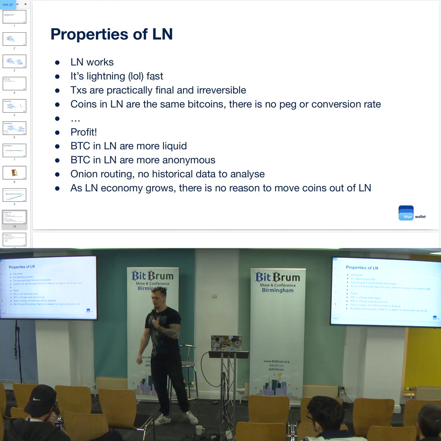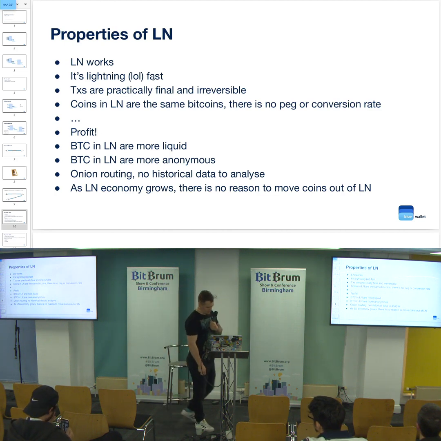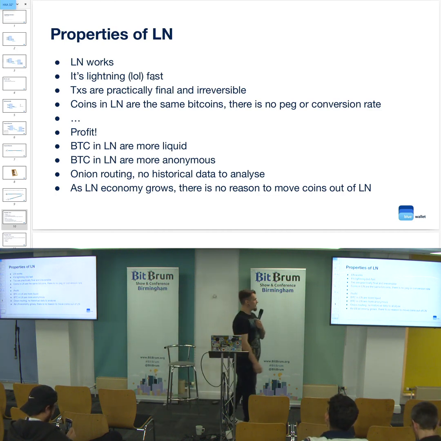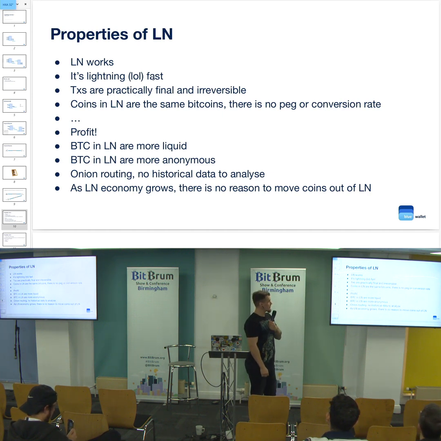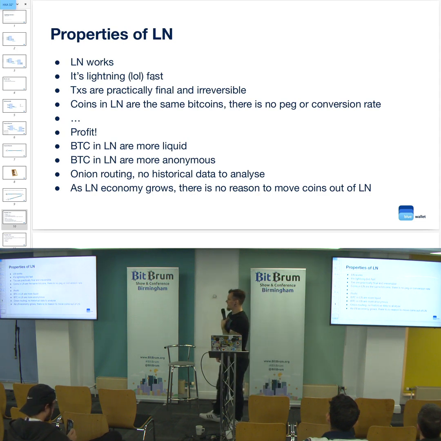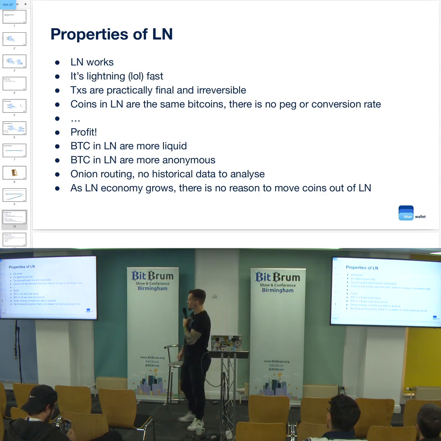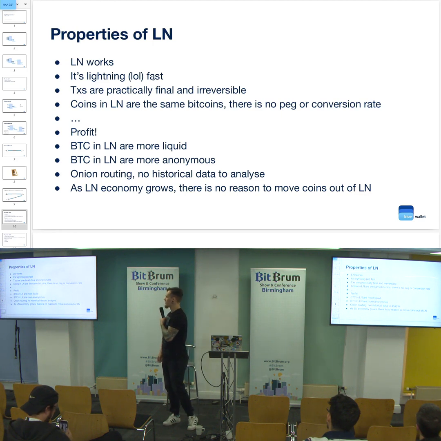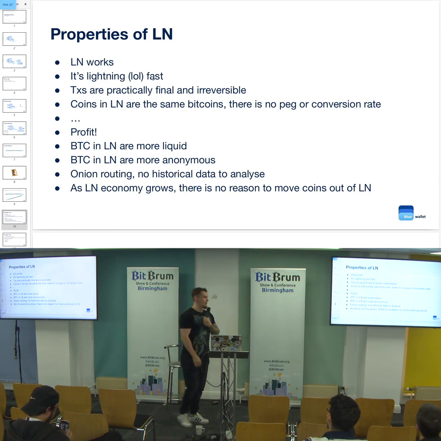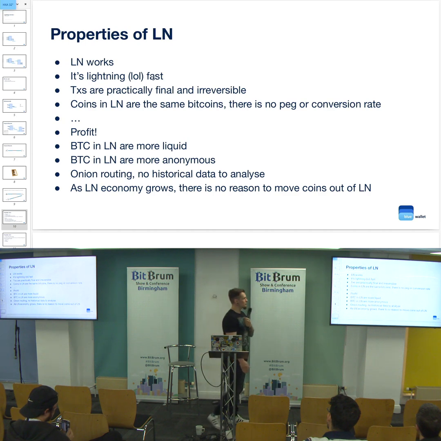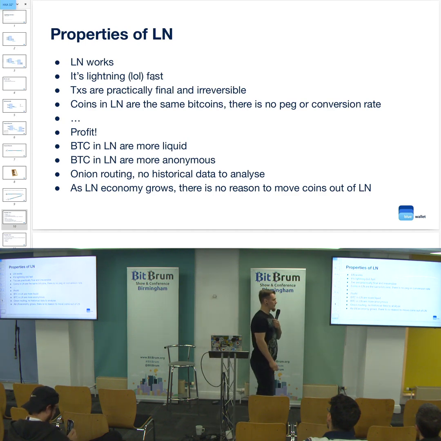But there are several properties which make some people think that coins inside the Lightning Network are more valuable than regular Bitcoins. Well, first of all, payments inside the Lightning Network are very anonymous. It works through onion routing, which means when a node routes the payment, this routing node sees only the previous node and the next node, but not the source of the coins, not the destination. What's being paid for, who pays whom, the routing node does not know, because it's an encrypted onion packet.